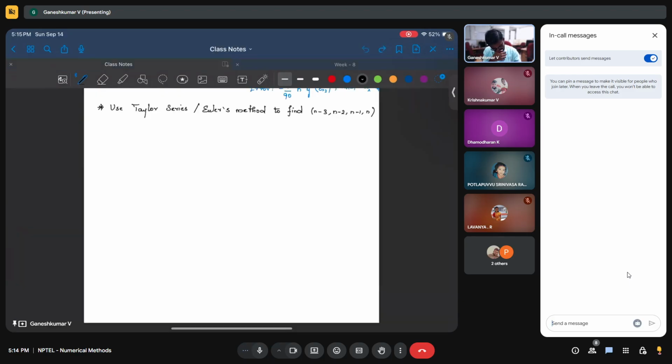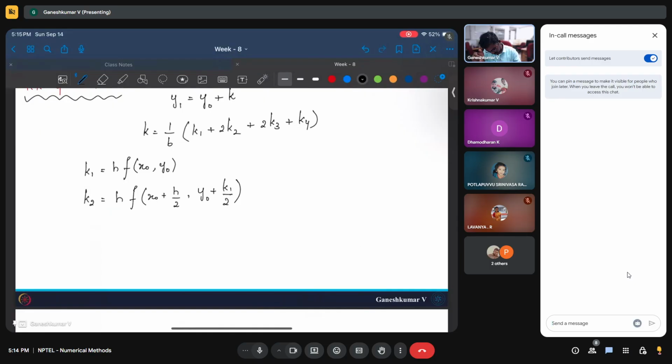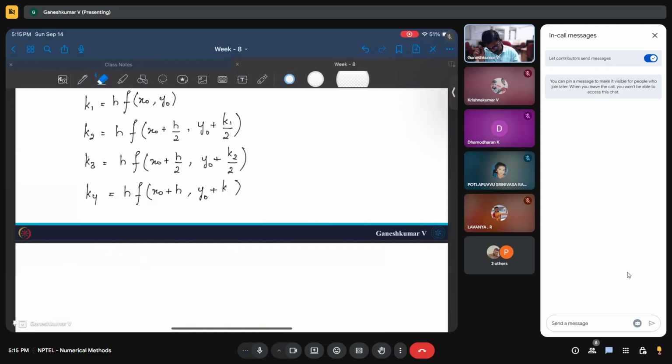And k3 is h times function x naught plus h by 2, y naught plus k2 by 2. Now we correct at the half step, and then we take the remaining step: k4 is h into f of x naught plus h, y naught plus k3.